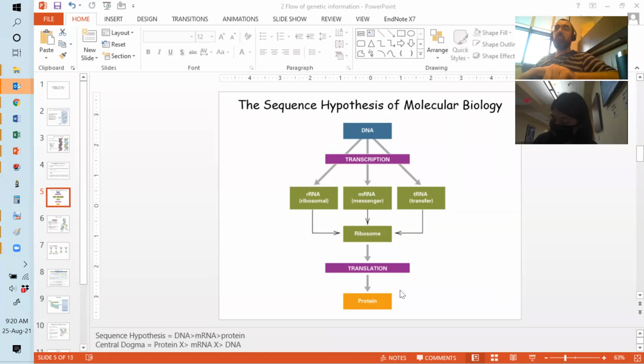And so the cool thing about ribosomal RNA is that RNAs can be both a store of information, basically like DNA, and they can be enzymes, like proteins.